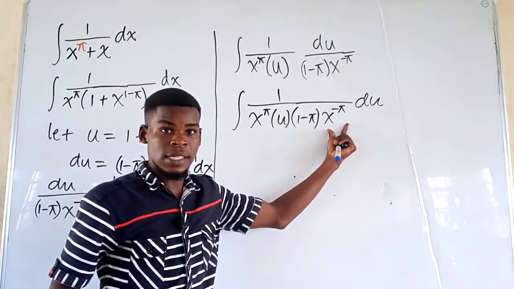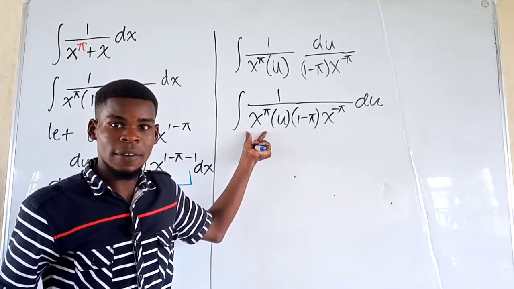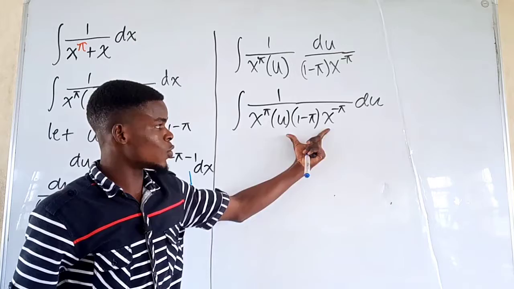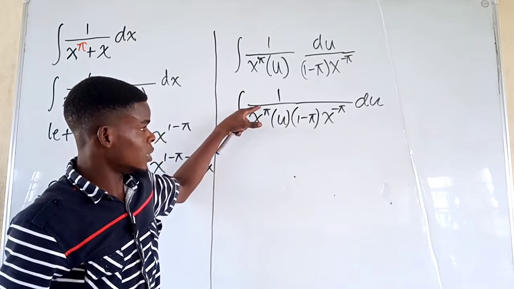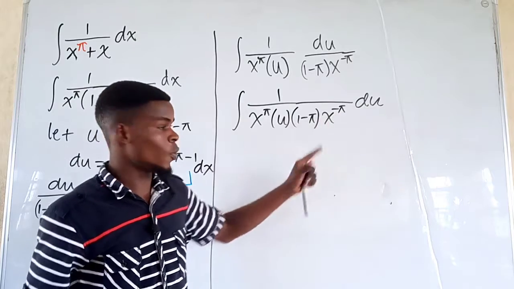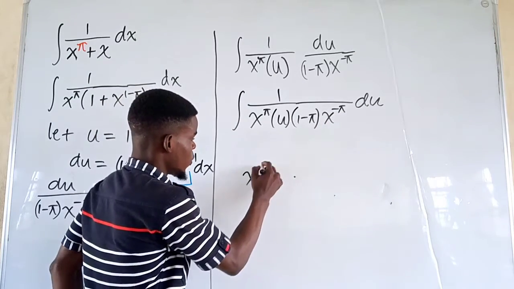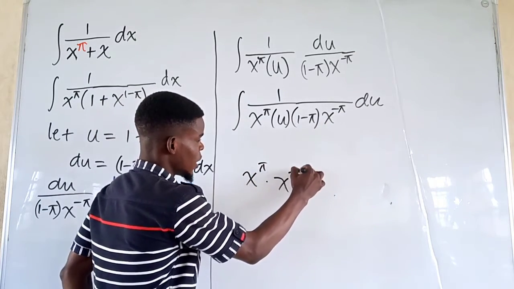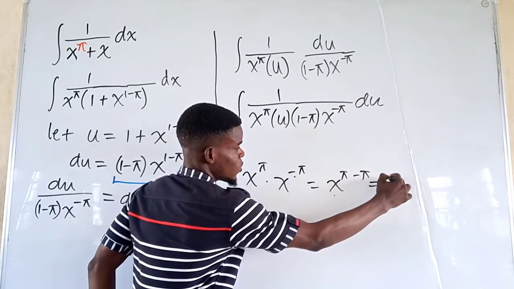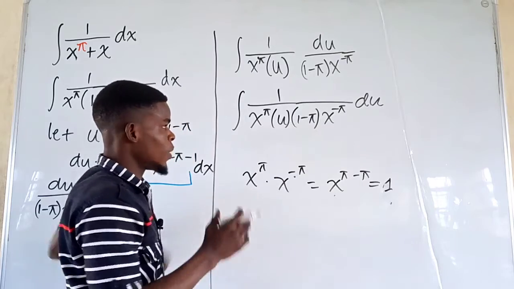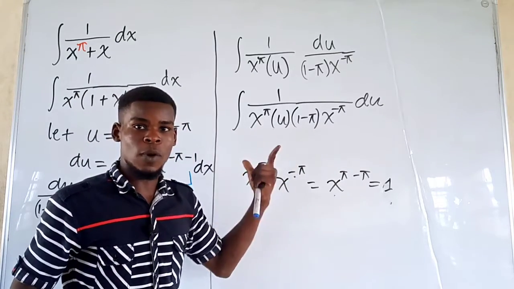So we see that this will multiply with this one. In fact, they are going to get to 1. They have the same base, and the index is pi and negative pi. So when we have x to the power pi times x to the power negative pi, this is just x to the power pi minus pi, which is just going to be 1. So the product of this and this is just going to be 1.